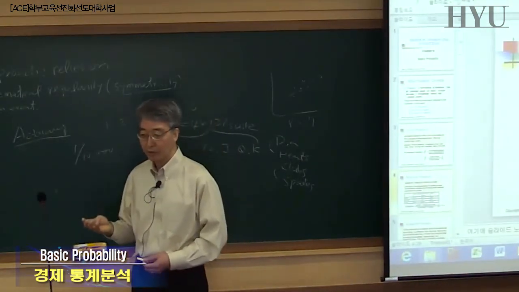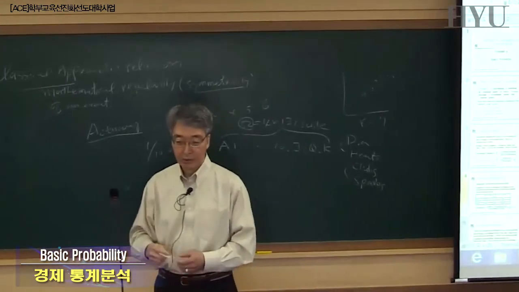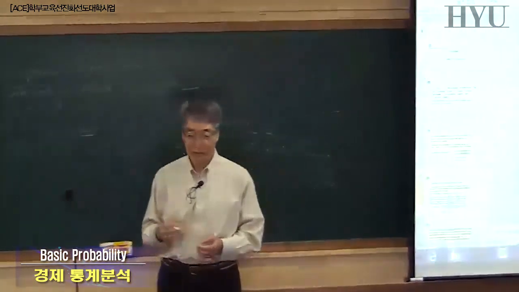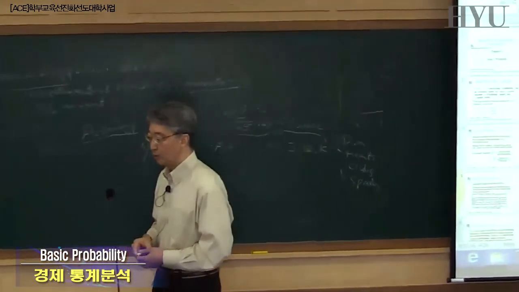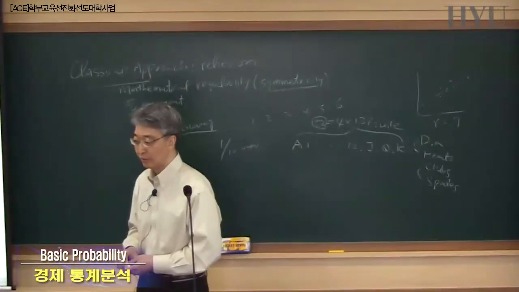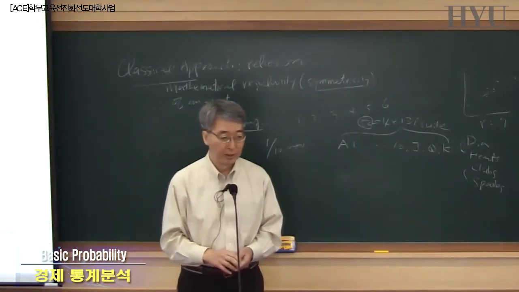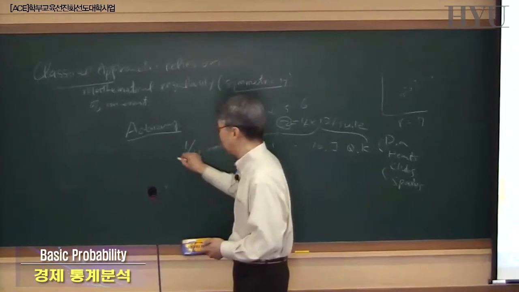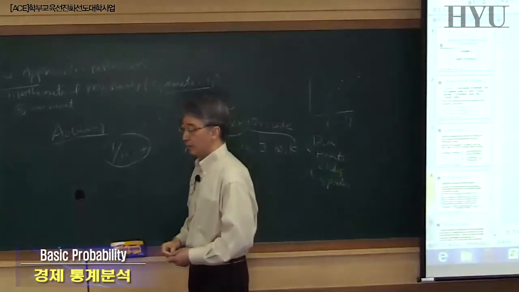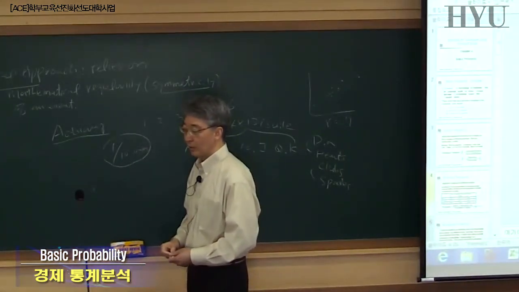There are brick houses, frame houses, and different structures, and what's the fuel? Do they use oil for heating, or gas, or electricity, and so on? Using all those conditions, they come up with the probability that this house will catch fire within a year.